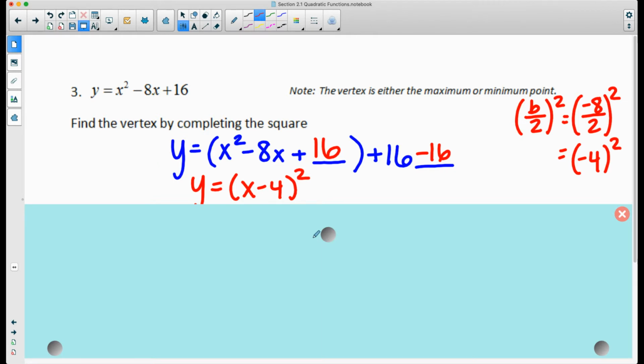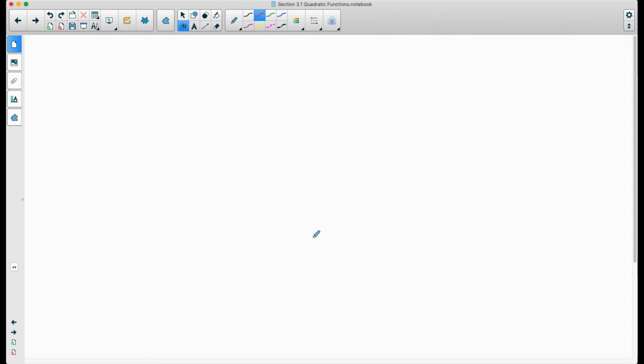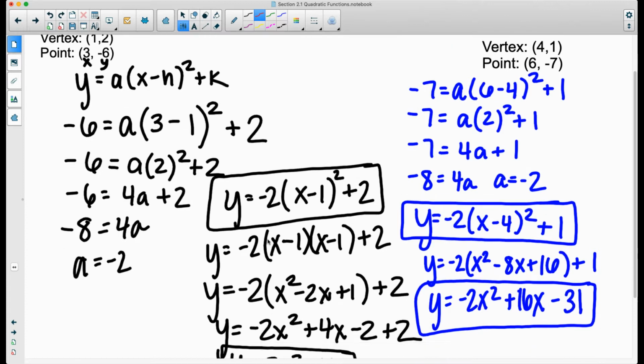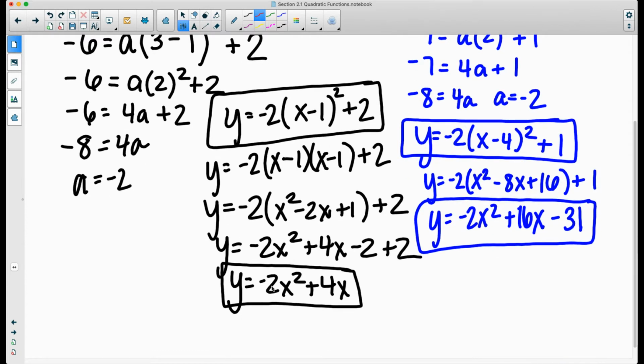So technically, I can find my vertex that way. I could also find my vertex doing the opposite of b over 2a, and that would also get me my vertex. But switching between the two forms can be a lot easier if you just find the vertex, because if you notice on the examples we did at the beginning, the a value here is the same a value there.